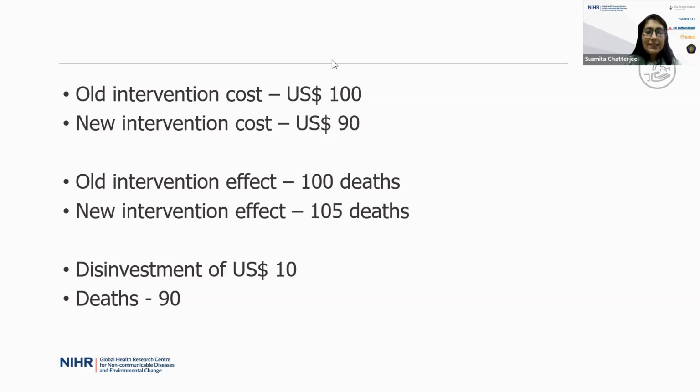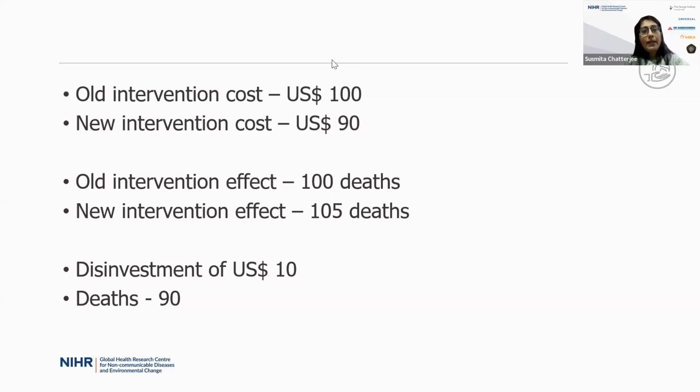But as you can understand, it is extremely difficult to figure out where the money will be put and how the outcome will be measured. This is just an example to make you understand what I mean.